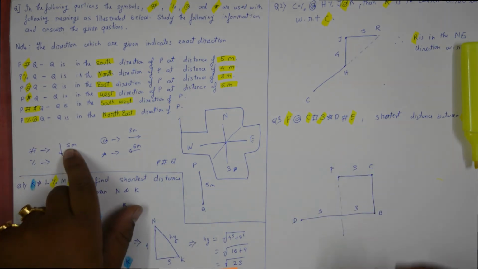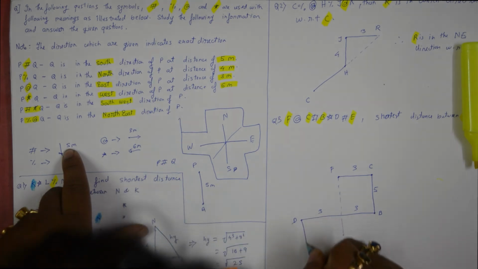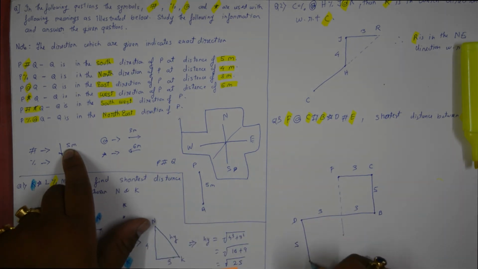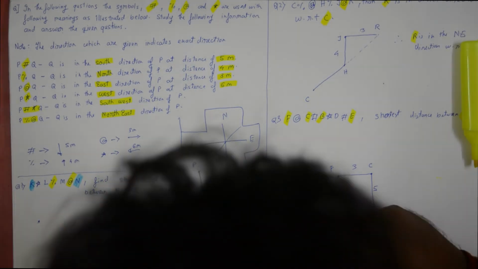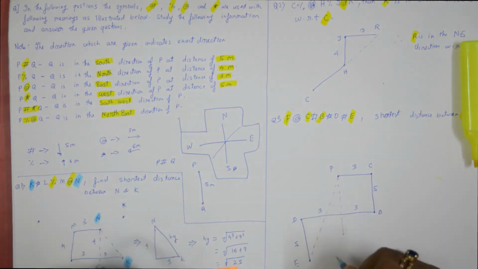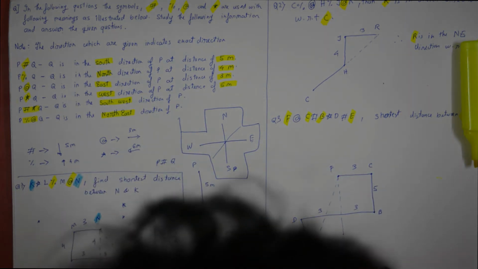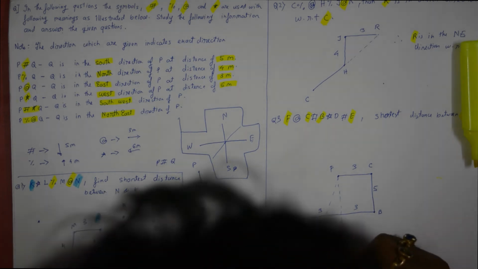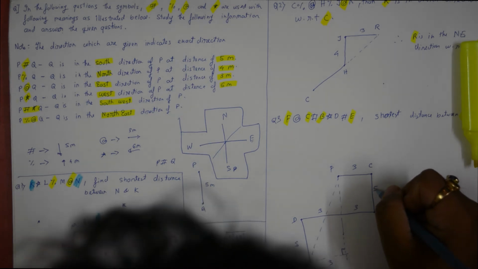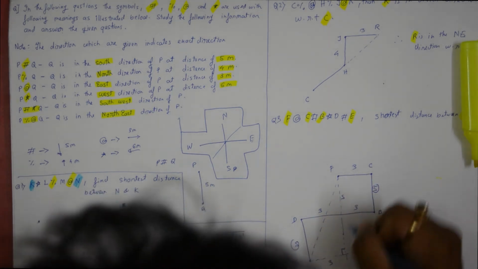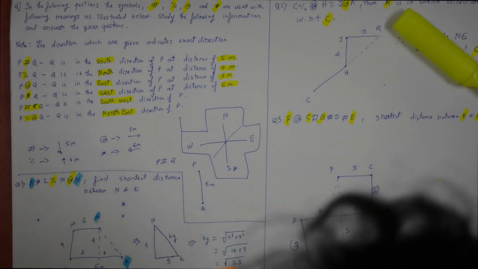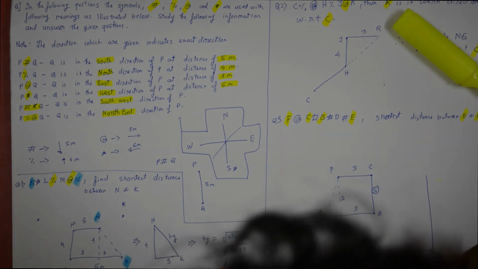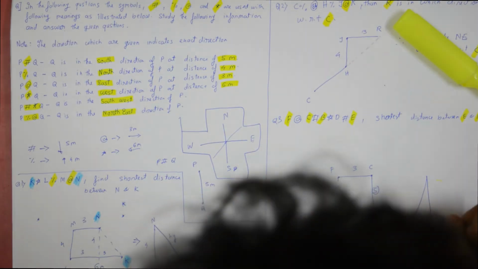So again we go south by 5 meters and we get our point E. Now we have to find distance between E and F. So it will be something like this, and if we extend the center line and join it, we can see it becomes another right angle triangle with base as 3, and these get 5, 5. So if we take out a triangle, it becomes something like this. This is 10, this is 3, and this is the hypotenuse.